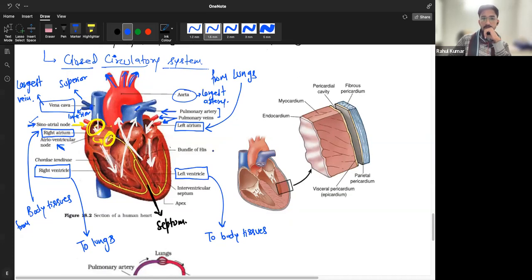This bundle of His is a tissue which comes from the atrioventricular node and spreads that electrical current throughout the heart, so that when the atrium is done contracting, the next thing is the ventricles that will contract. Are these things clear?